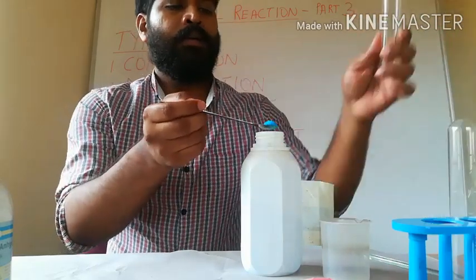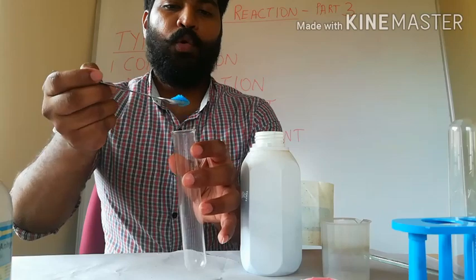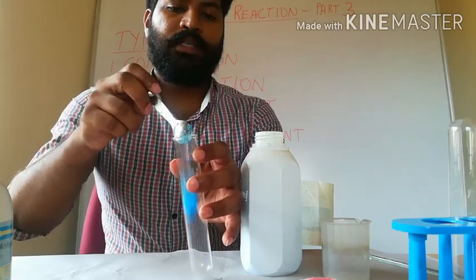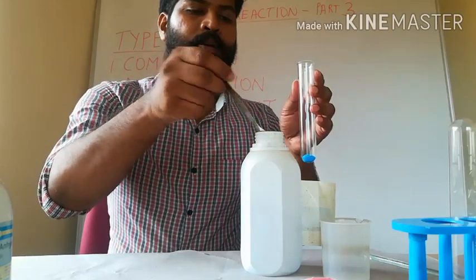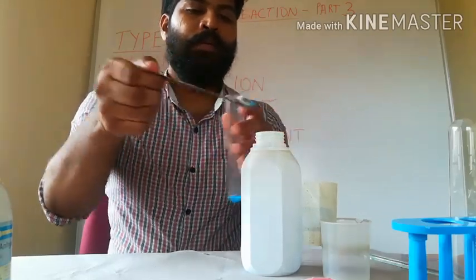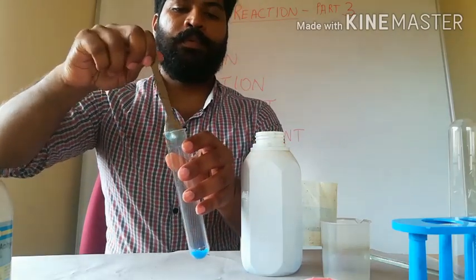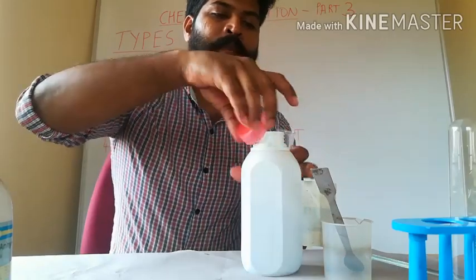We take a test tube and we add our blue colored copper sulfate crystals, approximately a spoonful of it into the test tube, and we keep this aside.